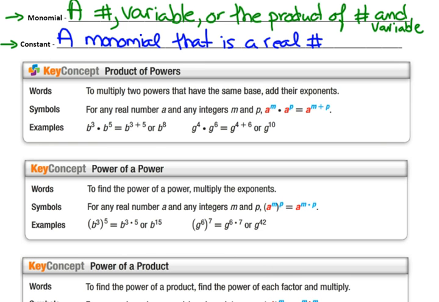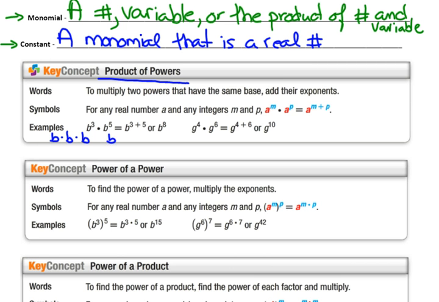The first one is product of powers. And I'm going to show you an example of this here. If I have b to the third times b to the fifth, what I want to do is rewrite that and simplify it down into one thing. Well, b to the third, and please add this into your notes, really is telling me that I'm multiplying 3 b's together.